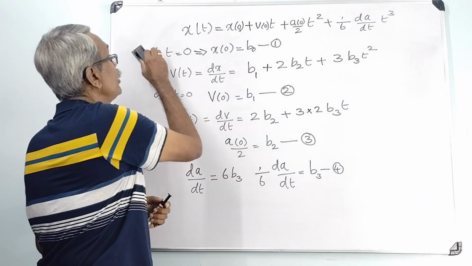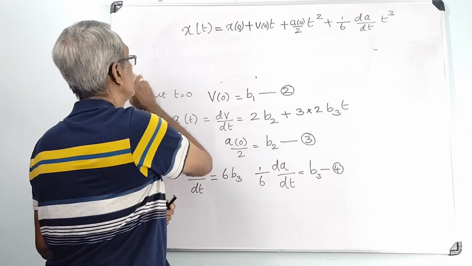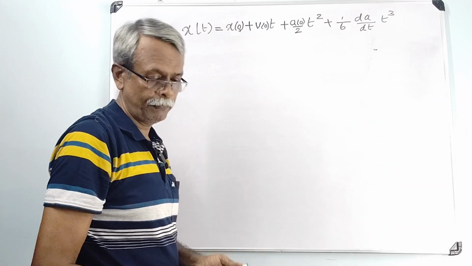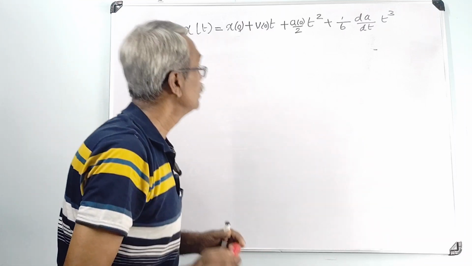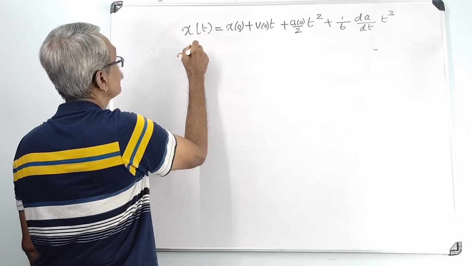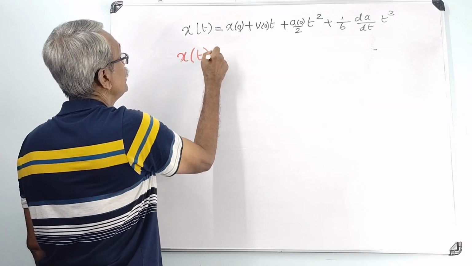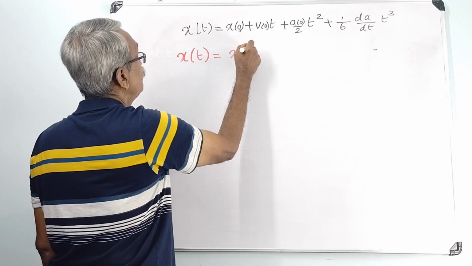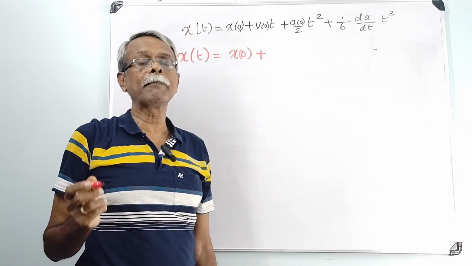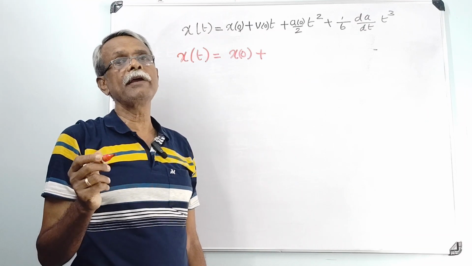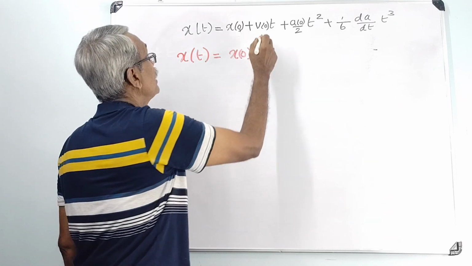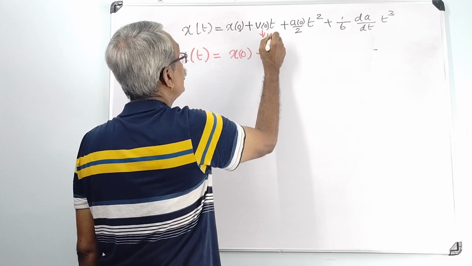Now we can use this to derive the equations of motion. First of all, we take this x(t), which is equal to x0 plus v0 t. v0 is the velocity of the particle at the initial time t is equal to 0, and that we usually call the initial velocity, usually represented by the letter u.